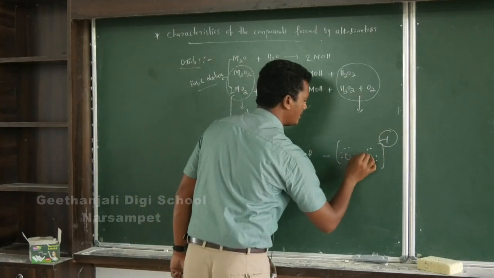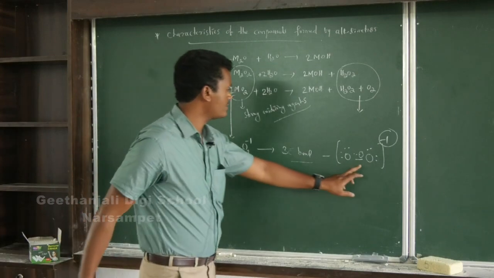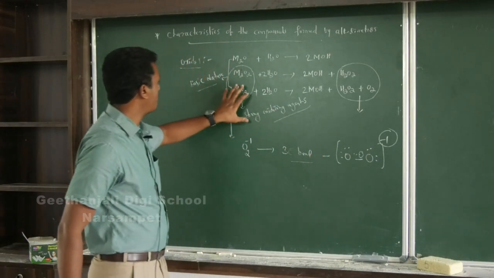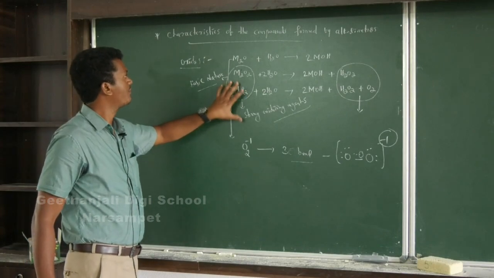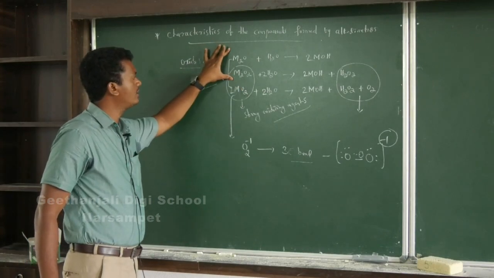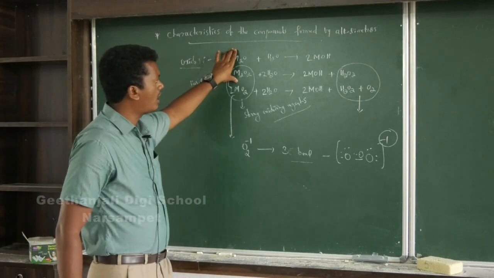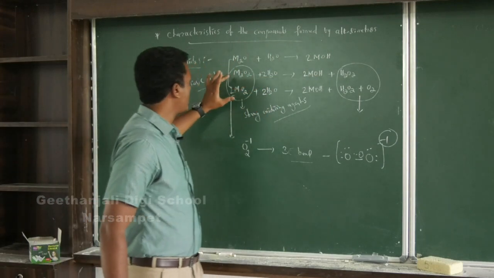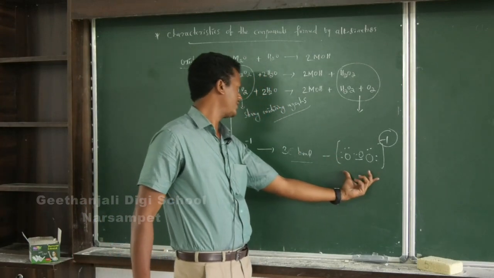This minus 1 leads to 1 unpaired electron in the superoxide ion. Due to the presence of this ion, the superoxides show color, whereas the monoxides and peroxides do not have any color property. This is the structure of the superoxide ion.